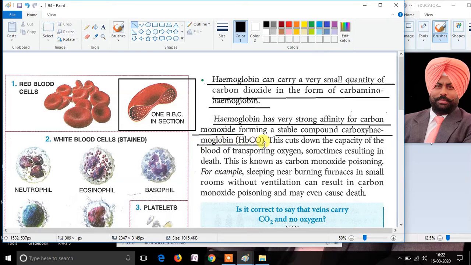As this is a stable compound and this carbon monoxide does not leave hemoglobin once it's attached to it, therefore the hemoglobin cannot remove carbon monoxide from its surface.